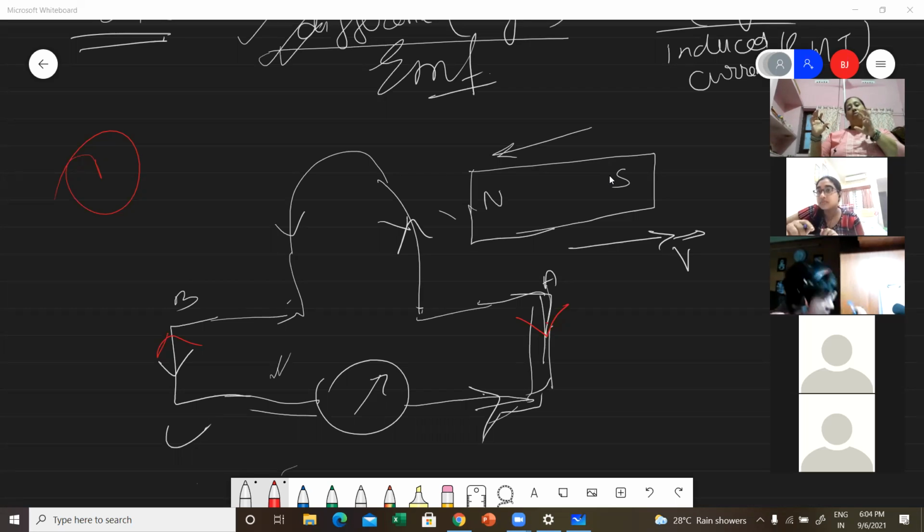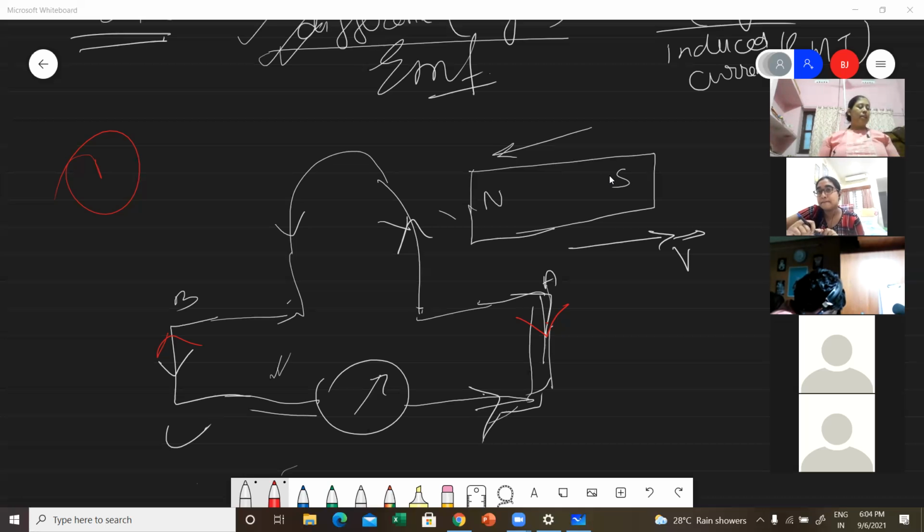One time I fixed my coil and the magnet is moving. Second, I fixed my magnet and the coil is moving. Third, both are moving at different paces. Fourth, both are moving at the same pace. Then no current will be produced. Correct now, Nandini?